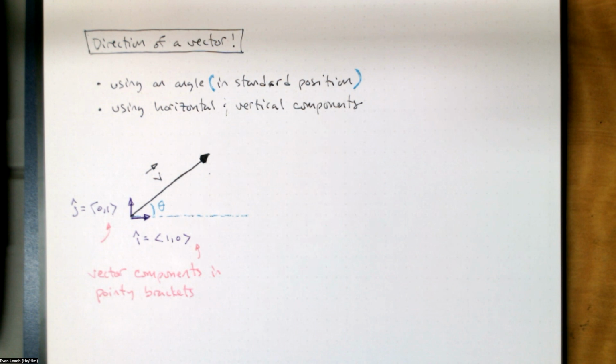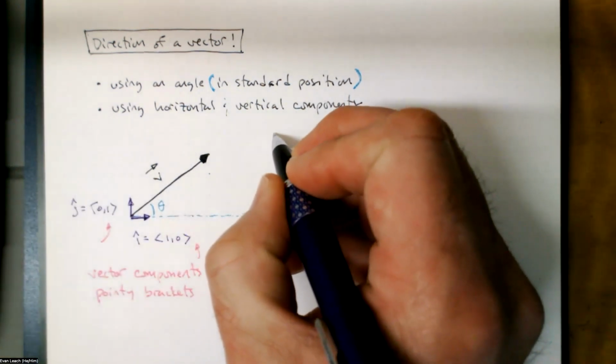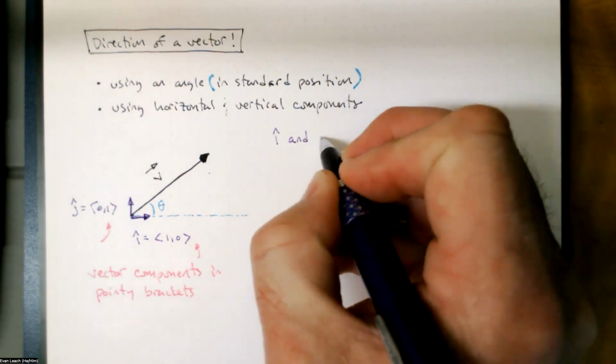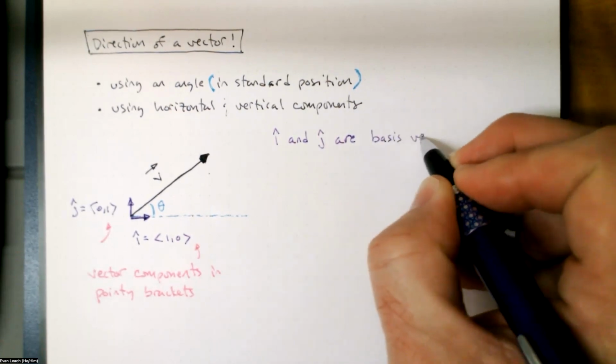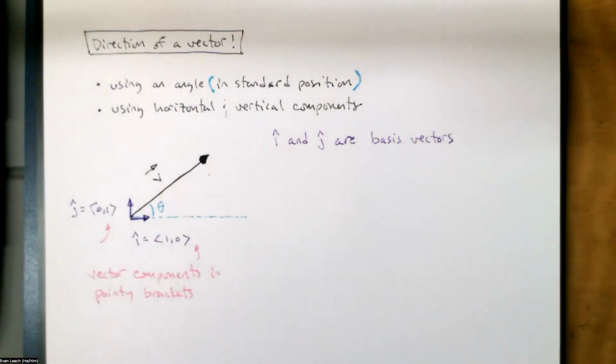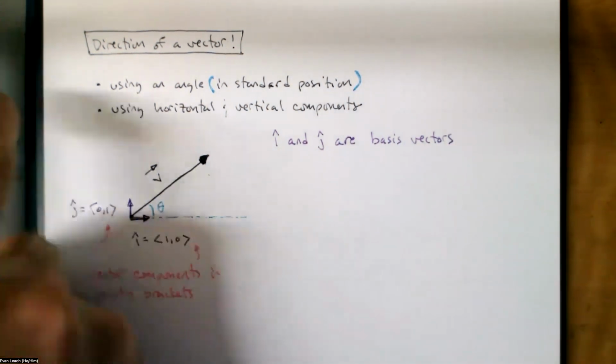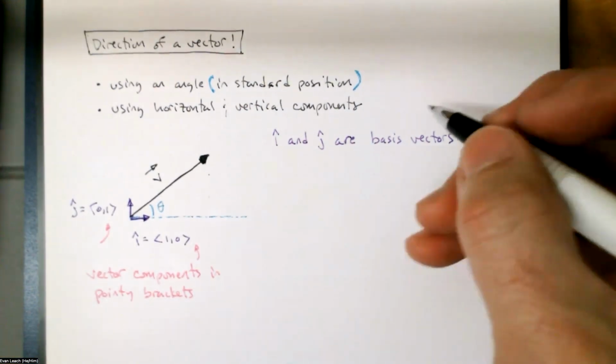This i and j are our basis vectors. So we describe a vector v as some combination of these basis vectors. The basis part means the following.